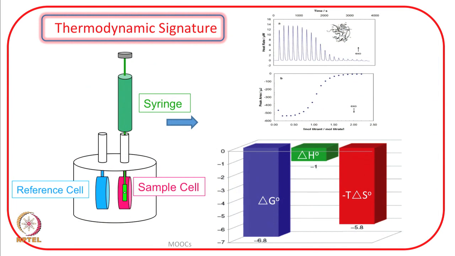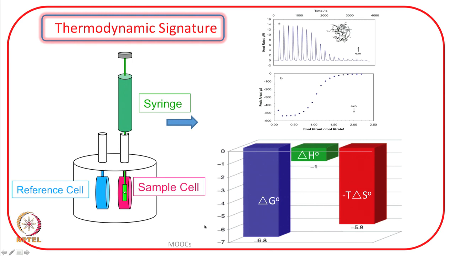These derived thermodynamic parameters we will call the thermodynamic signature, that is delta G naught, delta H naught and minus T delta S naught. We will call these the thermodynamic signature accompanying the binding of a ligand with a macromolecule.